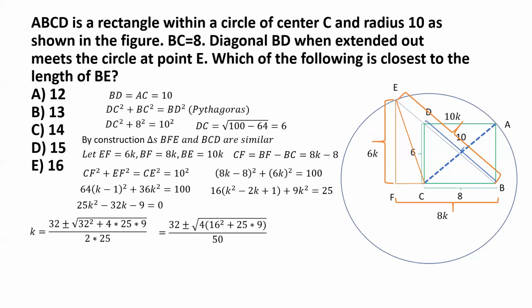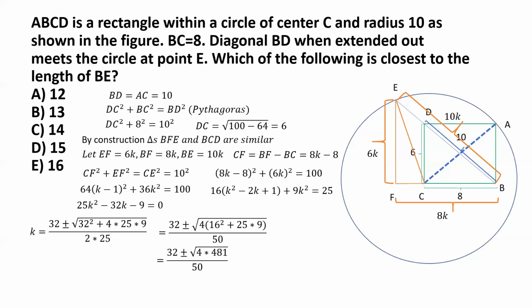So what I do is I take 4 common from the terms within the square root, and then I'm left with 4 multiplied by (16 squared plus 25 multiplied by 9). The whole thing is still under square root. So 16 squared is 256, 25 multiplied by 9 is 225. So we add those up, we get 481. So it's 4 multiplied by 481.